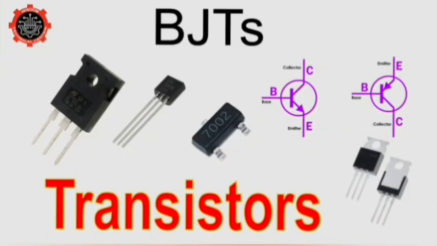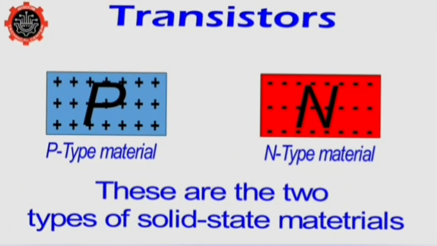Now let's jump onto our main topic, the bipolar junction transistors, BJT. The bipolar junction transistor construction is very similar to that of a diode, except we are adding another layer or terminal to it. And back to review, we only have two types of solid-state materials, which are the N-type material and the P-type material.